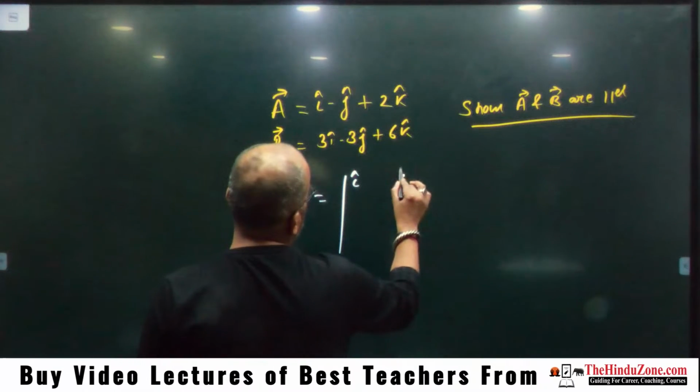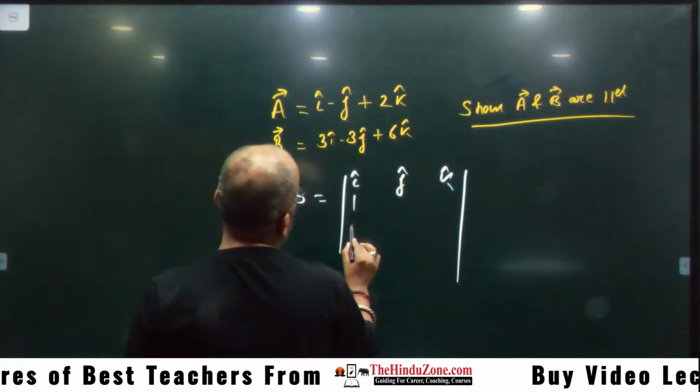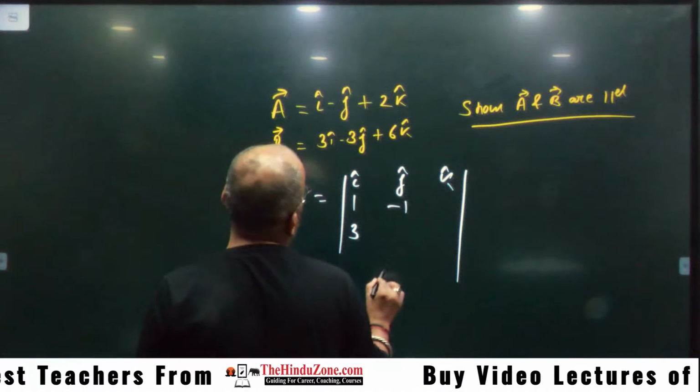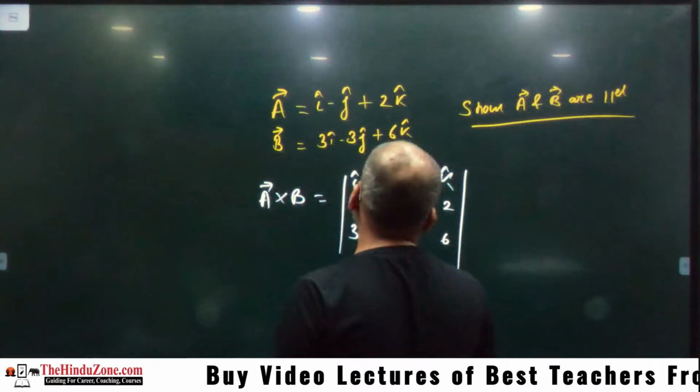I, J, K. A is 1, 3 and B is minus 1, minus 3; it is 2, 6.